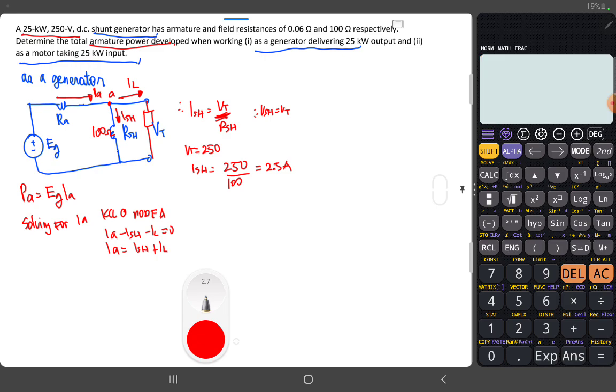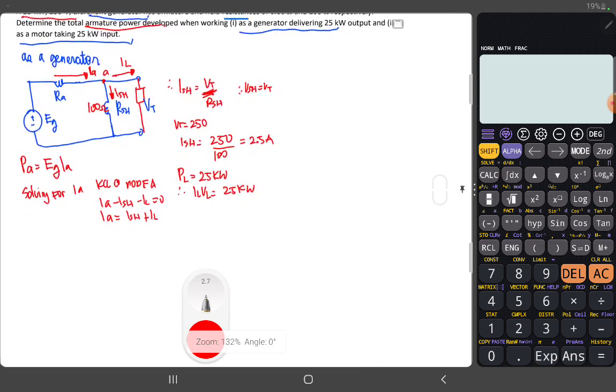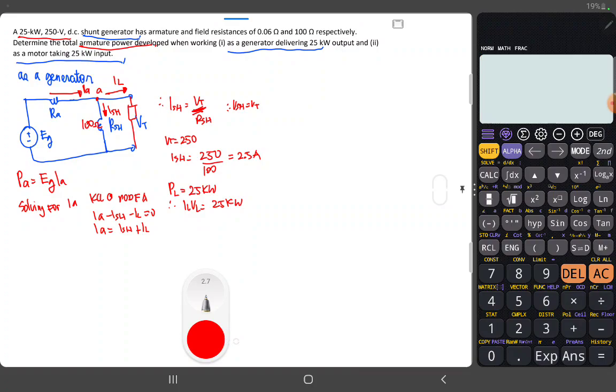Next is our IL. We have our PL, or the power of the load, or the full load power that the generator can supply, which is equal to 25 kilowatt. So we can solve for our IL multiplied by our VL, which is equal to 25 kilowatt. So I will have IL multiplied by VL, which is 250, equal to 25 times 10 raised to 3.